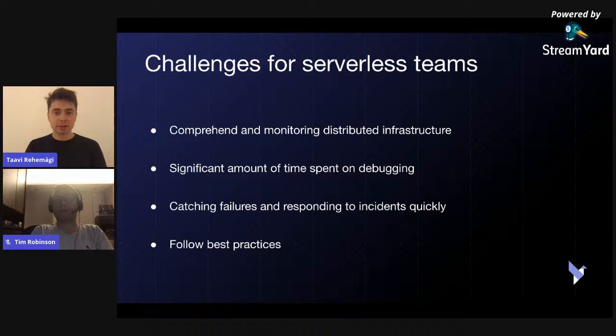And sometimes that might be a complex environment to understand what's going on, to effectively navigate information. And that brings us to the next point, that in some cases and at scale, a significant amount of development time can actually be spent on debugging. And this is also something that you are sometimes struggling with.